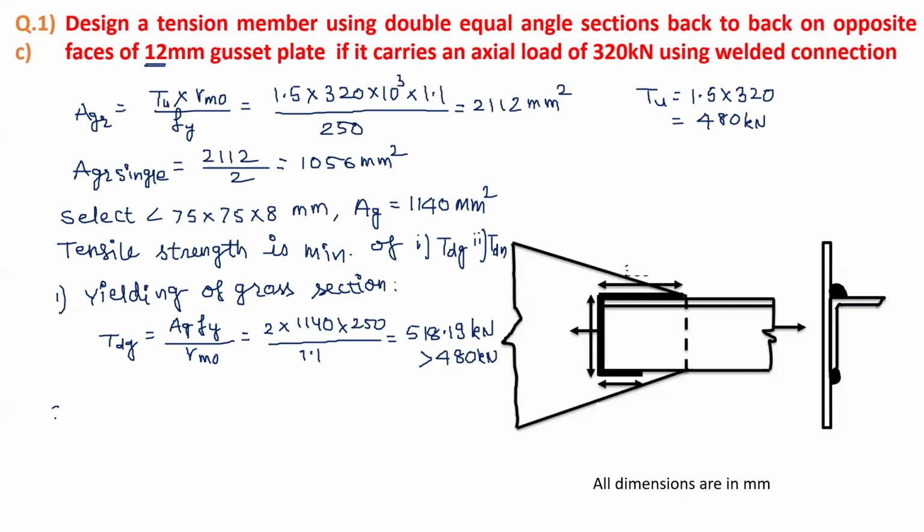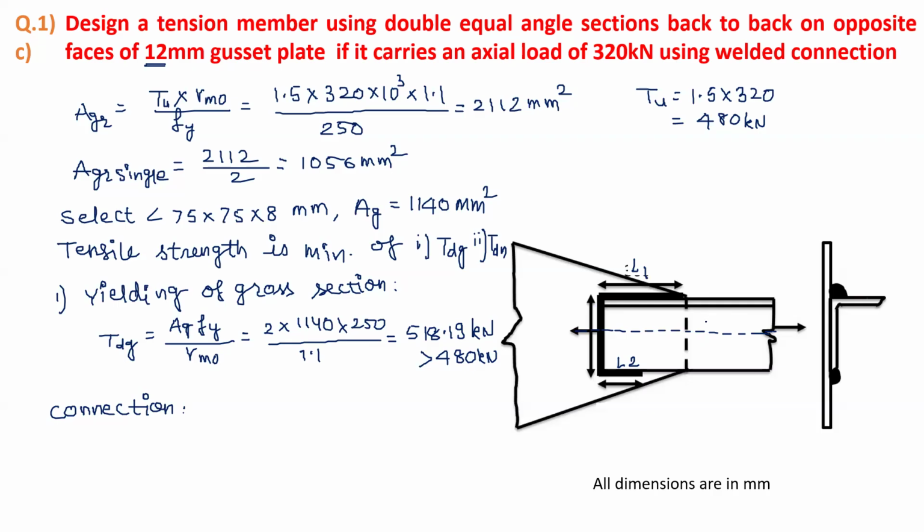So whatever we have provided, this value is greater than 480 kilonewtons. Now we have the connection. Let us consider this as L1 and this will be L2. We know the CG of this section will be towards the outstanding leg, and therefore this value is less compared to this value.